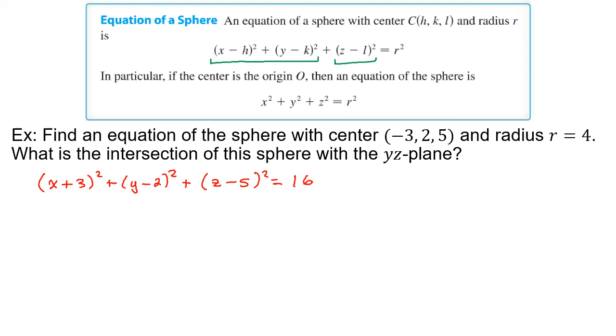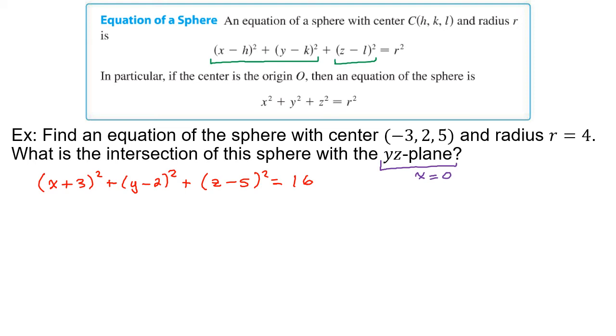And then it also says, what's the intersection of that sphere on the YZ plane? Since there is a YZ here, you're going to be really looking at what happens with the X values. And so if it intersects the sphere on the YZ plane, that means your X's had to be 0. And so all we do is we plug 0 in for the X and see what happens.